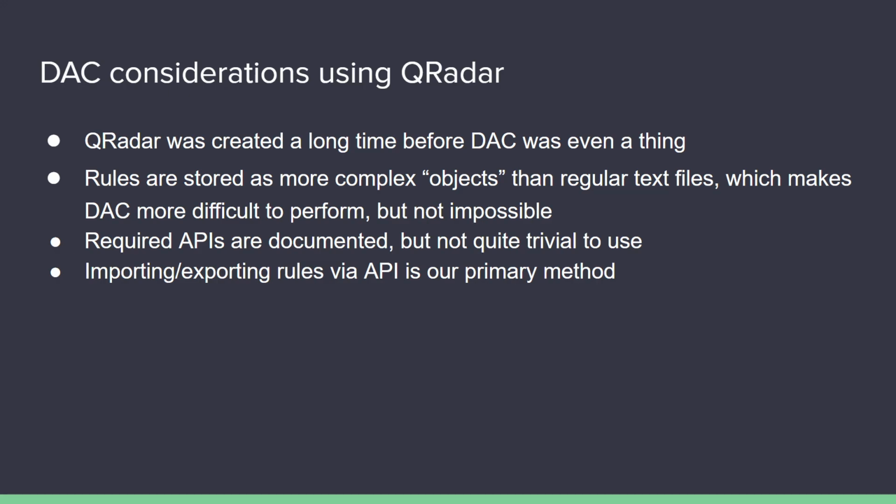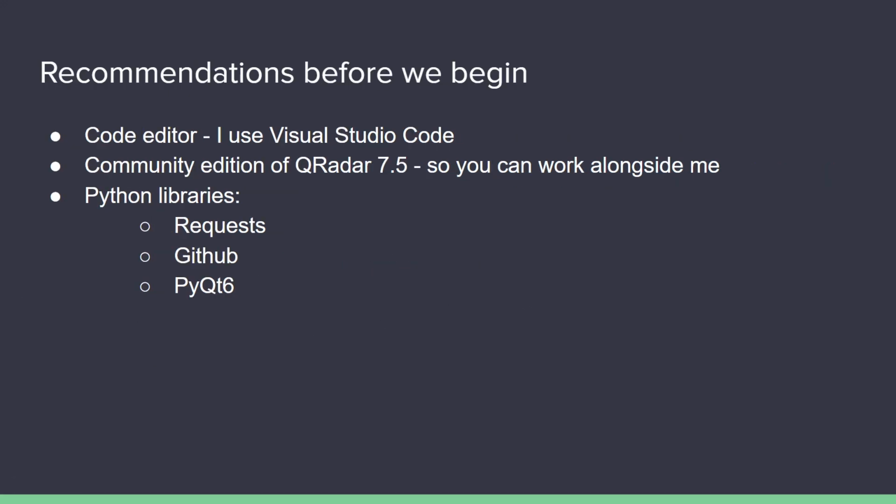So what I recommend before we begin is have your code editor ready. I use Visual Studio Code. It's very easy to work with. You probably also want to have a community edition of QRadar 7.5, which you can easily find from Google or IBM's website.